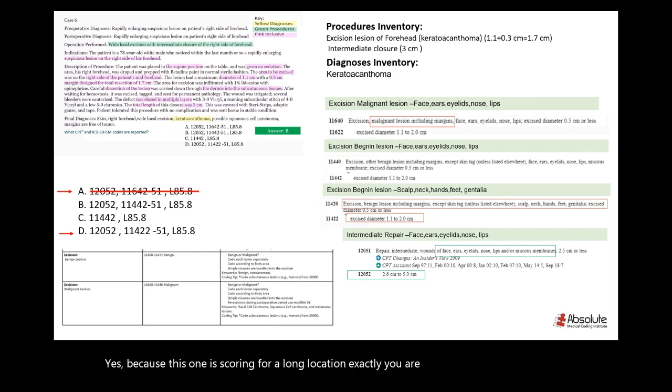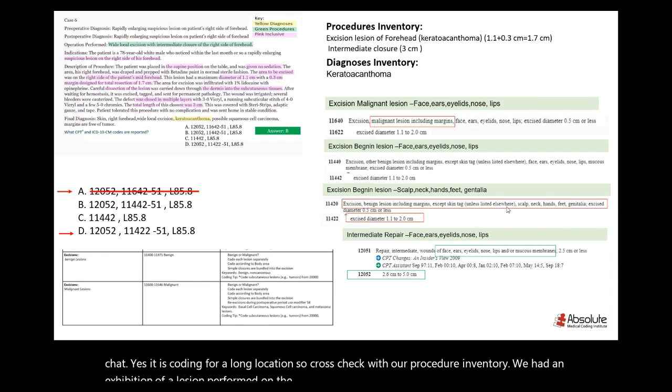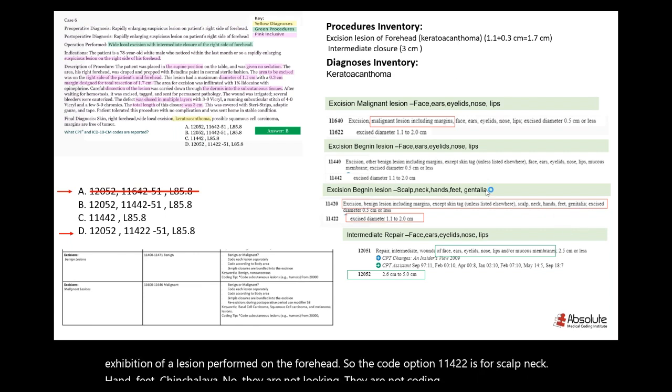Great answers in the chat. So cross-check with our procedure inventory. We had an excision of a lesion performed on the forehead. The code 11422 is for scalp, neck, hand, feet, genitalia. They are not coding for a forehead. So option D is incorrect because of that.